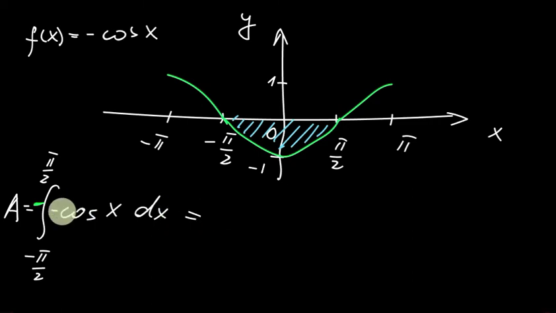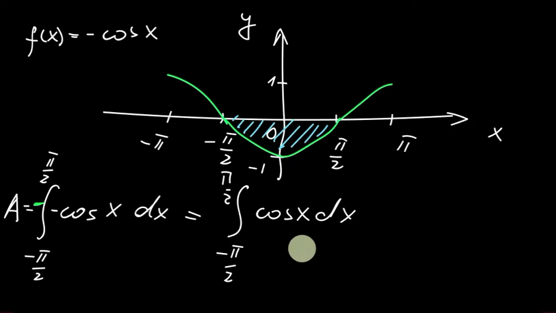Now we can change our integral a bit, take this minus before our cosine x, and we get that this is simply minus the integral from minus pi over 2 to pi over 2 of cosine x dx. So we got rid of the minuses. Now this graph is symmetrical.